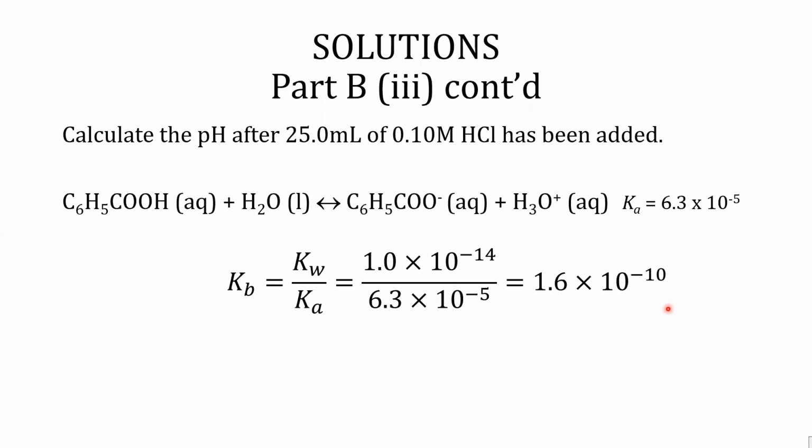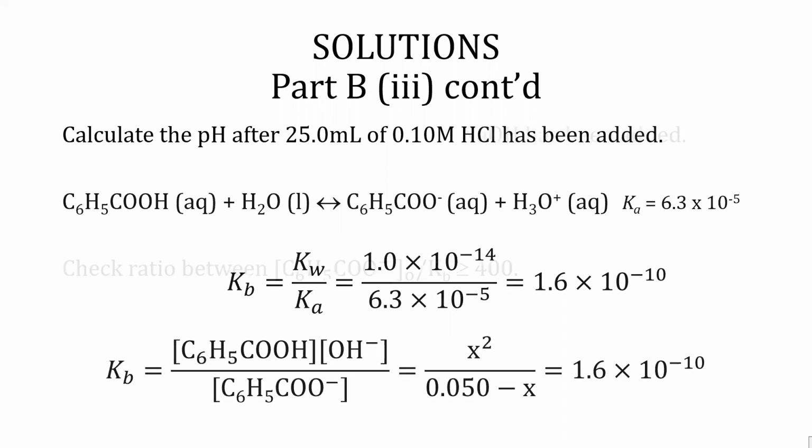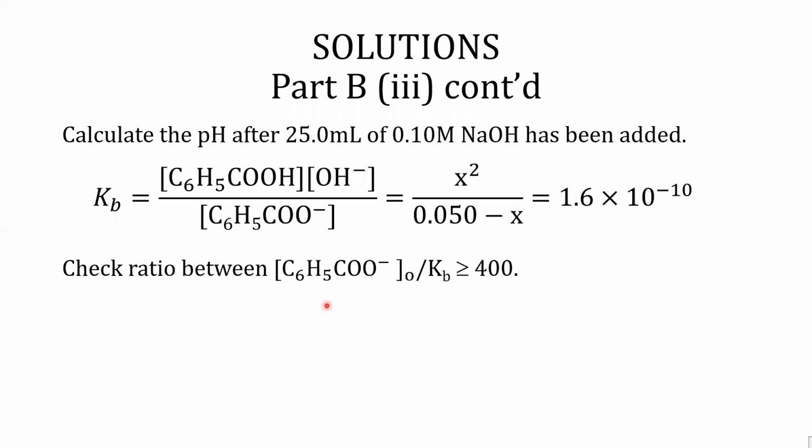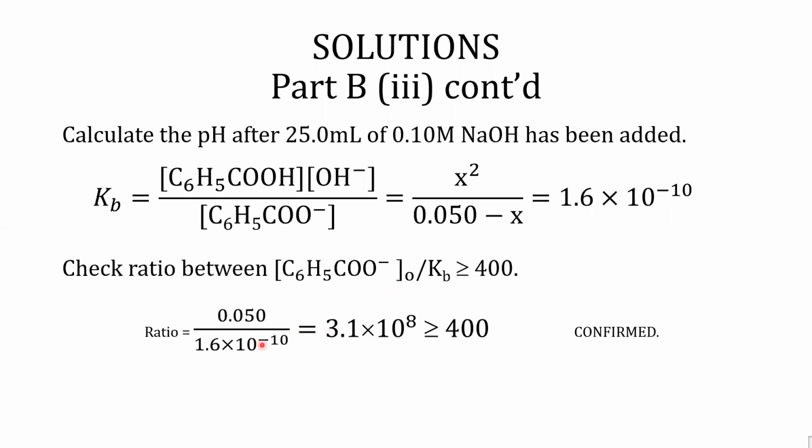To determine if x is small enough to ignore, one takes the C6H5COO minus initial concentration and divides by Kb, or 0.050 divided by 1.6 times 10 to the minus 10, which is 3.1 times 10 to the plus 8, which is greater than or equal to 400.